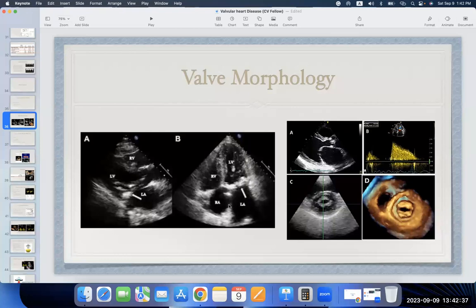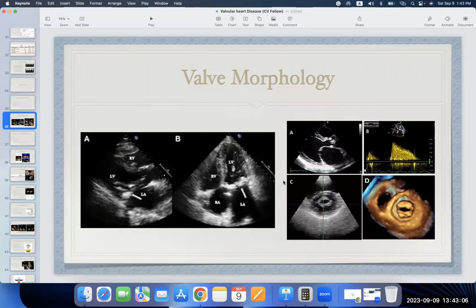In degenerative calcified mitral valve disease, the lesion will start from the base. The patient first develops mitral annulus calcification, and then the degeneration and calcification progress to the mid and base of the mitral leaflet, and then all the way to the tips of the mitral valve.